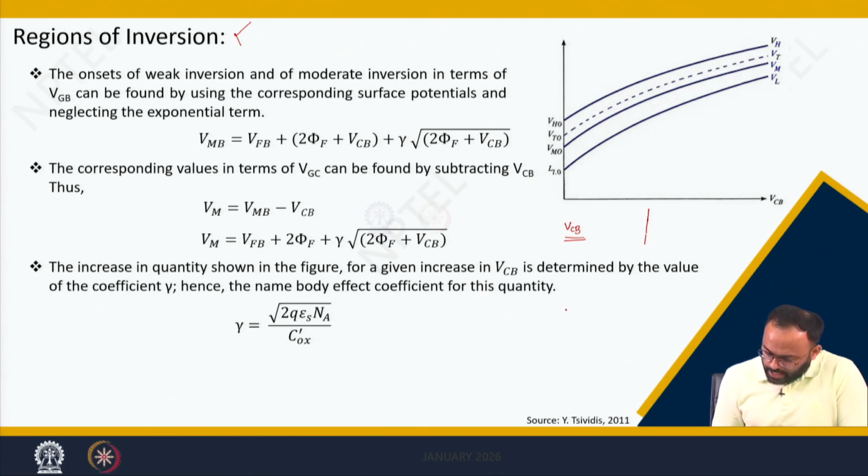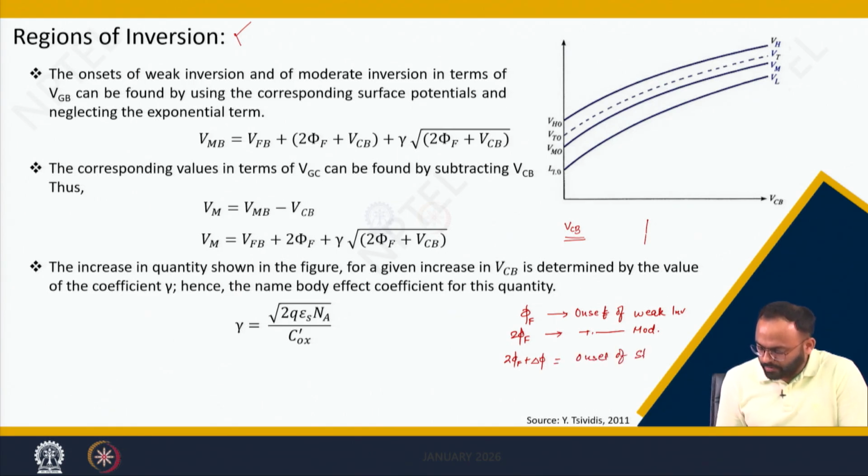So earlier in the 2-terminal MOS, phi F was the onset of weak inversion, 2 phi F was the onset of moderate inversion, and 2 phi F plus phi Z0, or delta phi F, was the onset of strong inversion. That is what we have discussed earlier.